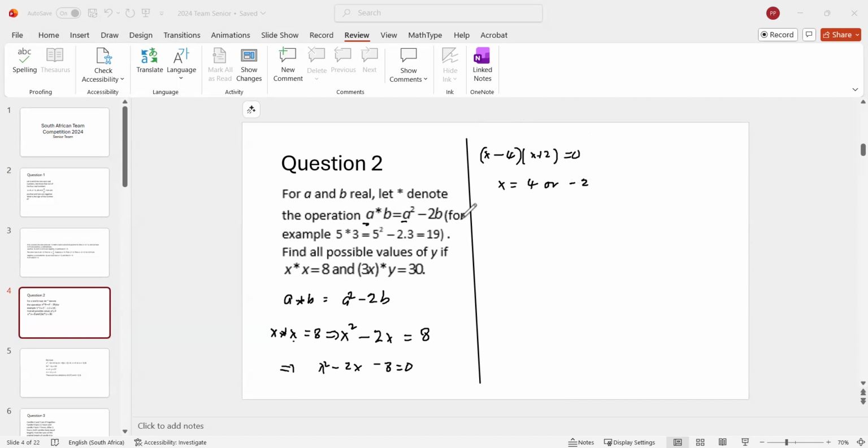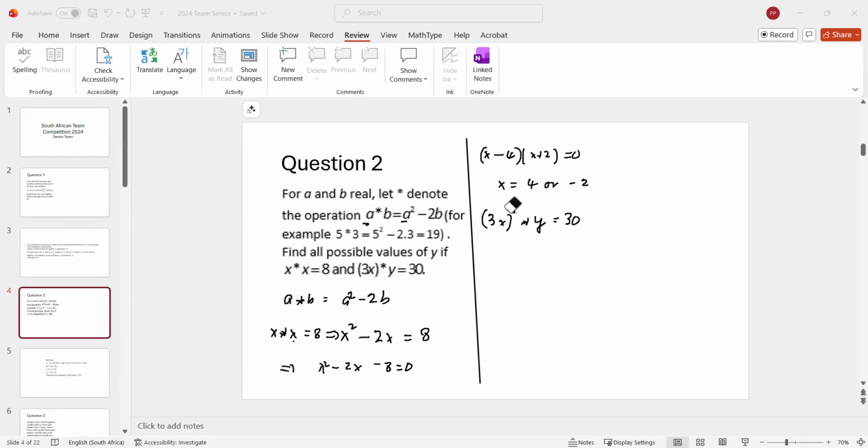And they say A and B are real numbers, so both of them are fine. Both are acceptable. Okay, now you got another equation which says 3x star y is equal to 30.